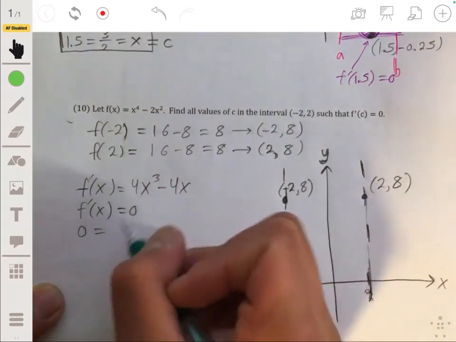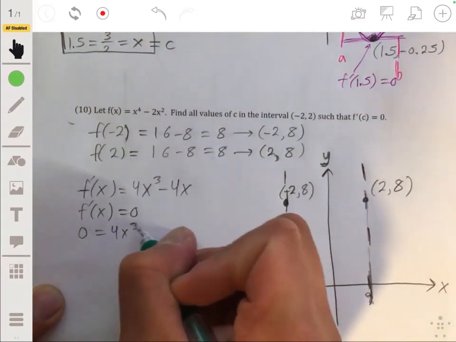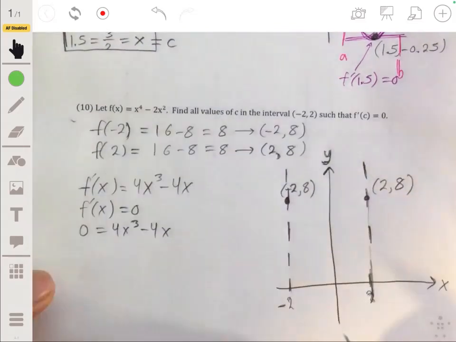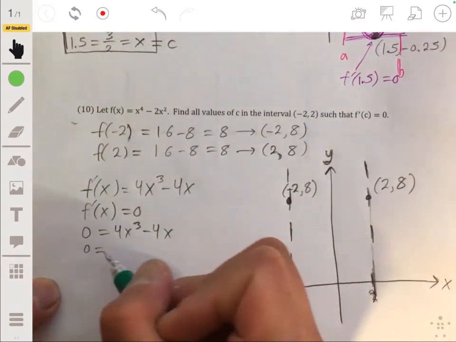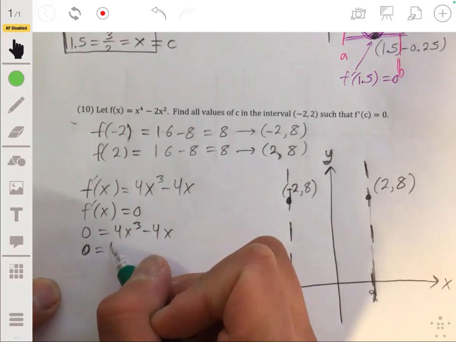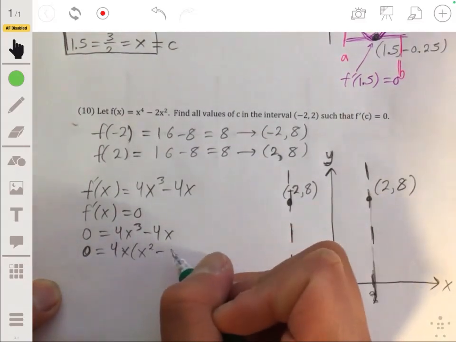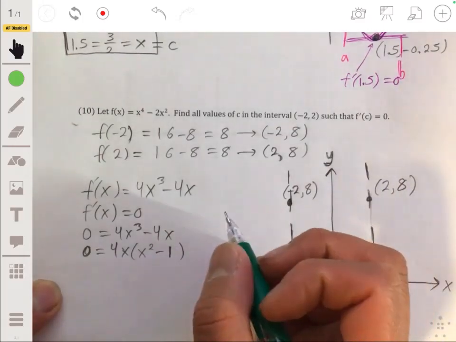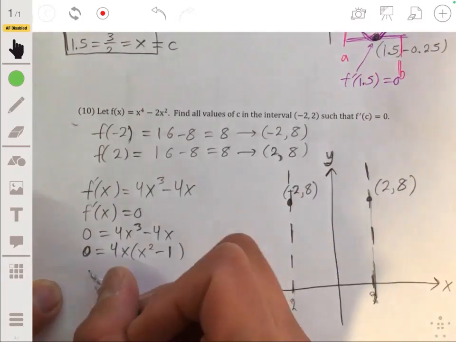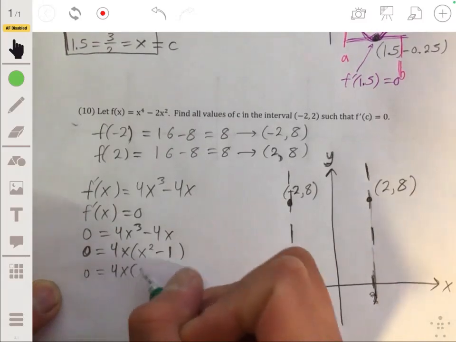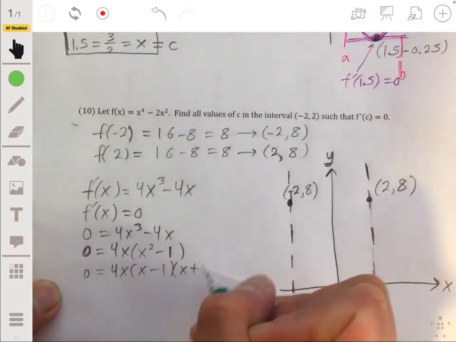So we're going to make 0 equal to 4x cubed minus 4x. Solve this for the zeros and factor out a 4x times the quantity x squared minus 1. Then 0 equals 4x times x minus 1 times x plus 1.